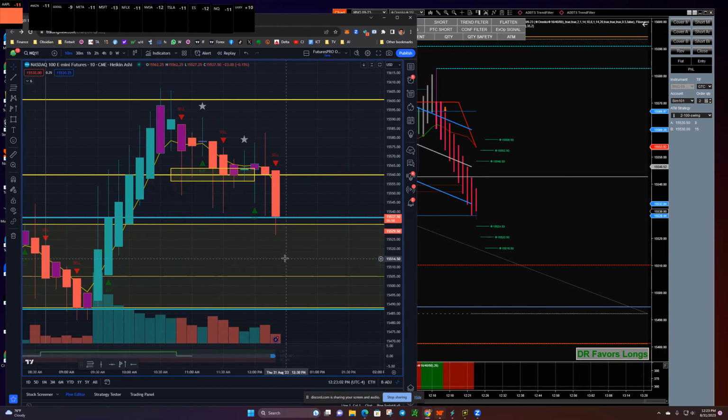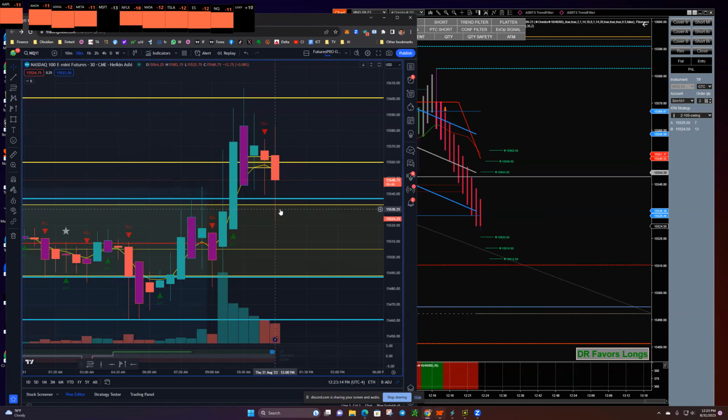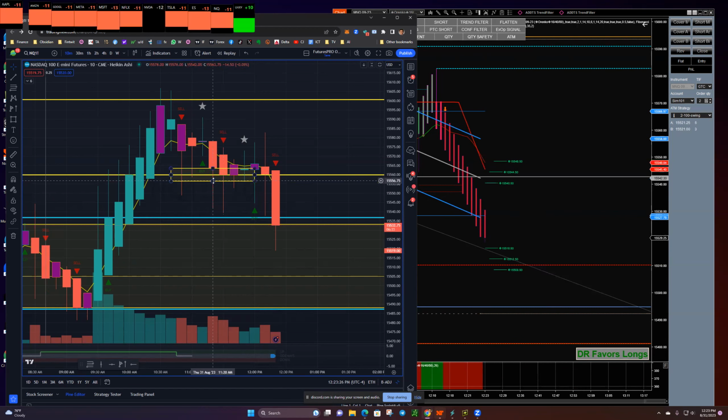So let's go back to the Futures Pro. How would you trade this? We have 3 sell signals so far. Here's a definite candle with a break. And there's a sell signal here. Sell signal was at 11:30. There's 11:30.